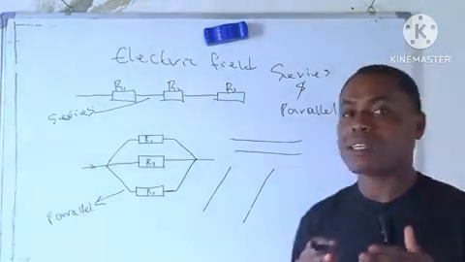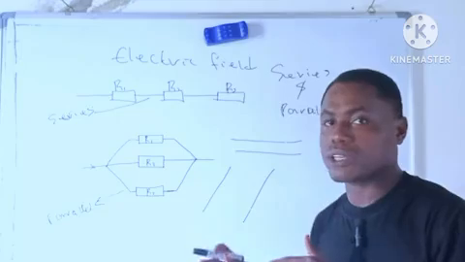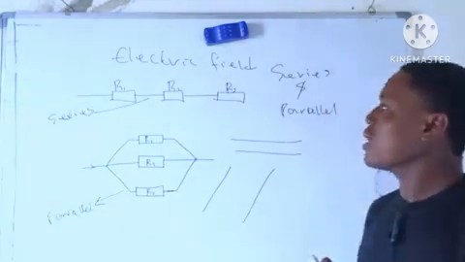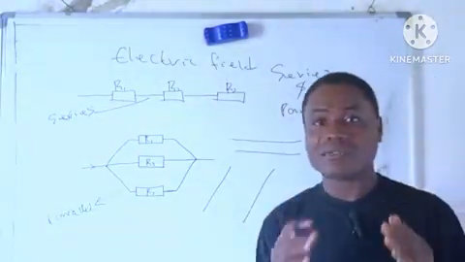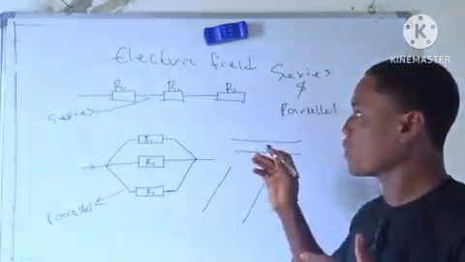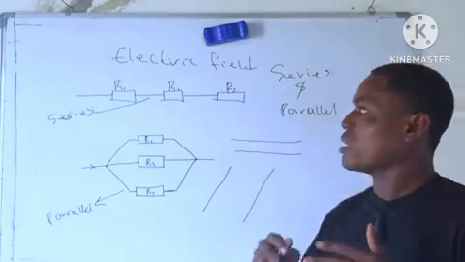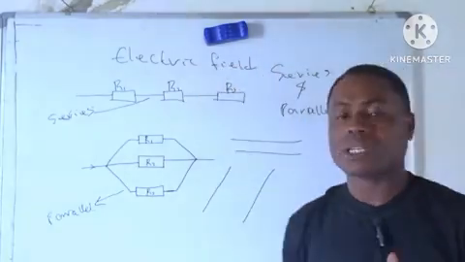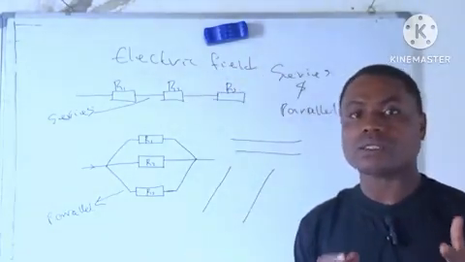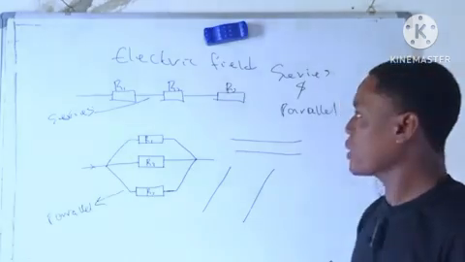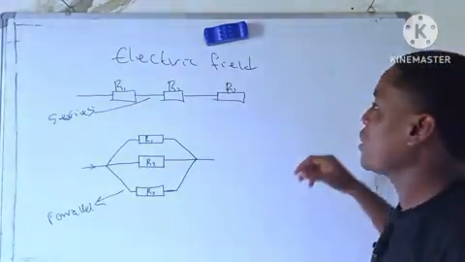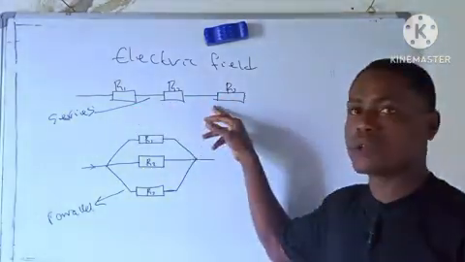So I believe right now you can identify which one is in series connection and which one is in parallel connection. Now we have different ways of solving them. There is a pattern which we use in solving questions under series connection and parallel connection. Let's start from the series connection.